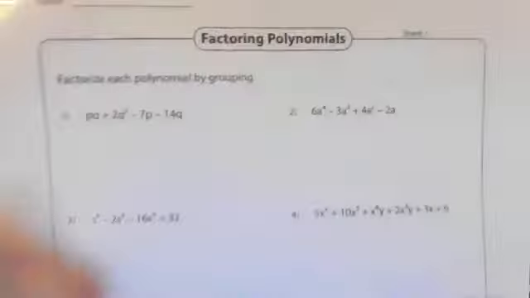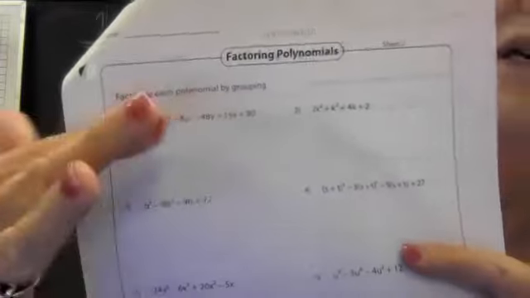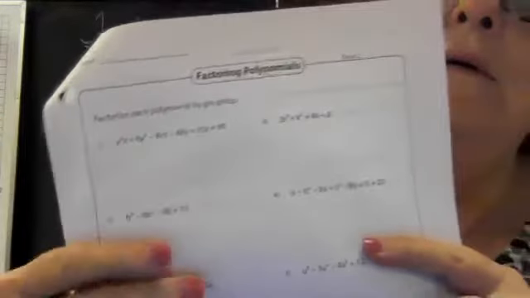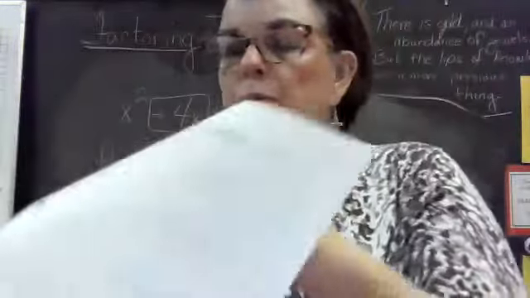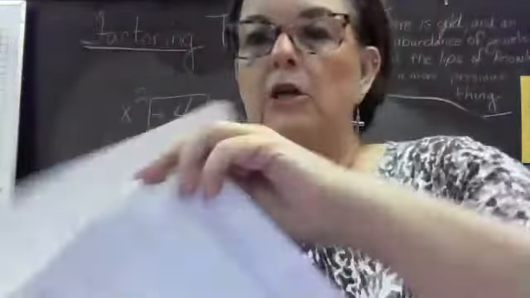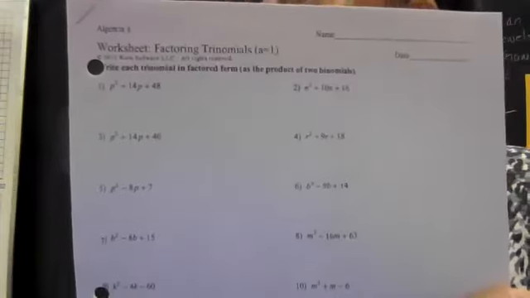Here's one of the pages, and it says factor by grouping. Don't do those at all. Both of them say factor by grouping. We didn't even touch this today. We will do both of those when we come back. So if you want to practice anything, just practice the ones that have 1 as the leading coefficient. Any questions?